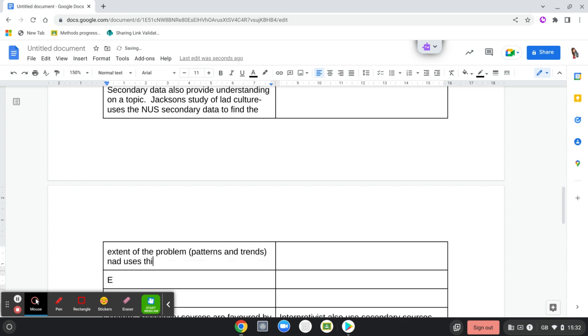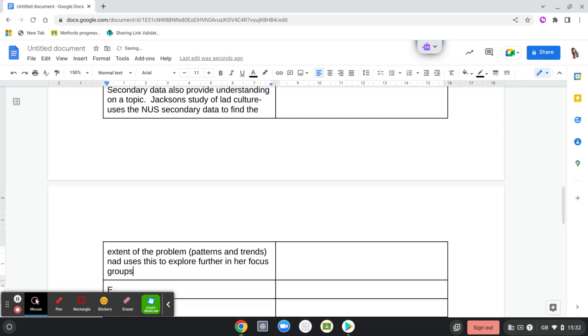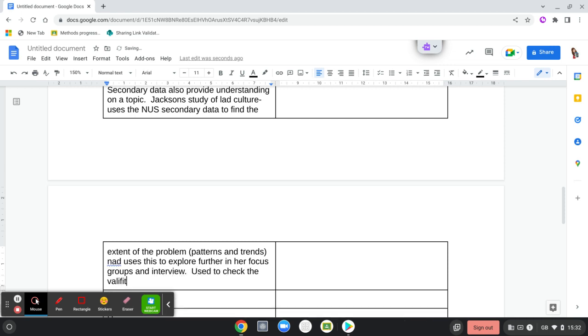And she uses these secondary data to explore further in her focus groups and interviews. So it's used to check the validity or to prompt others' responses.